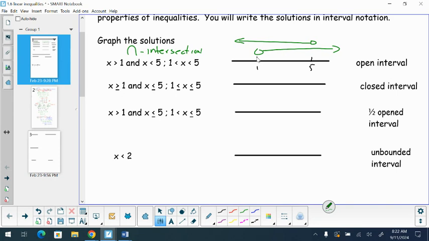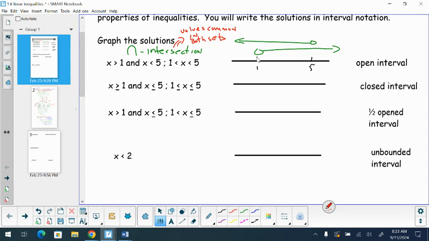When you have two sets of numbers and you're looking for the intersection, you're looking for the values common in both sets. Okay, not just one or the other, the values that are common in both sets.